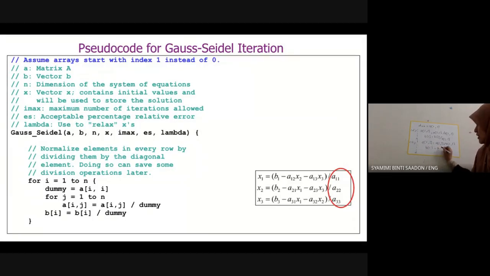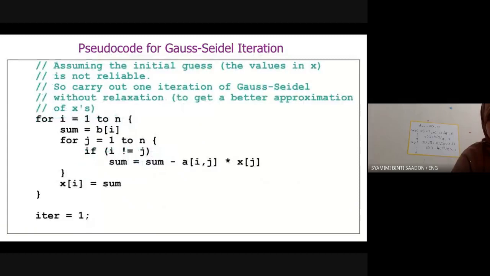B1 over A11. Okay, so the second step we are writing, we try to write this A12 equals to A12 over A11. This one, okay? So and then etc. until j equals to n. Okay, but we haven't finished yet. Okay, and then continue.